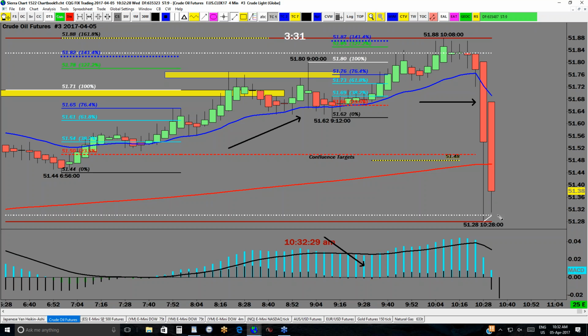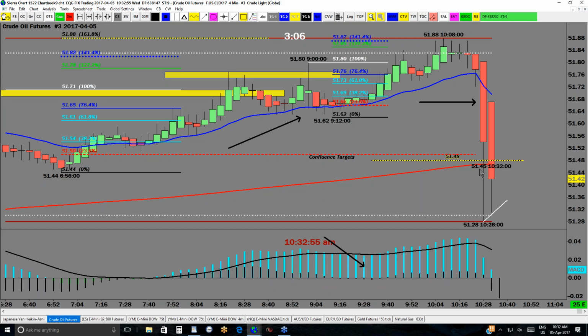So this will retest, or should retest, our confluence target area here. So it's going to look something like this. Okay, pretty close.